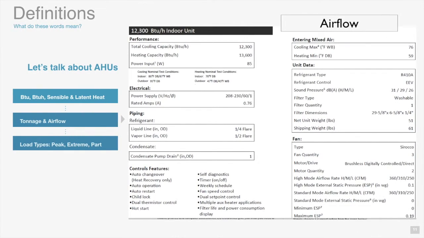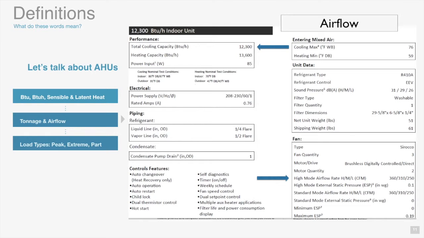Okay, so what we've got here now is a submittal for a certain piece of equipment. And as you can see up here at the top, it's got the total cooling capacity of 12,300. So that is going to be a 1-ton unit.